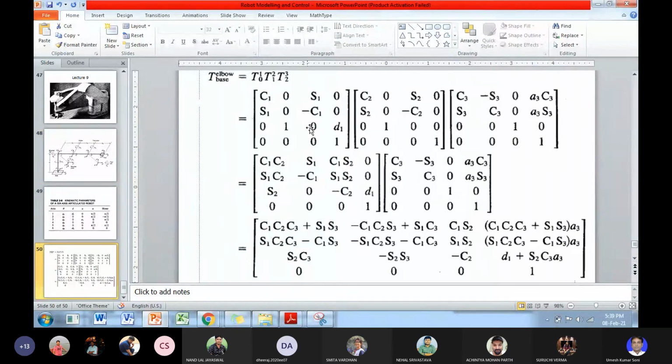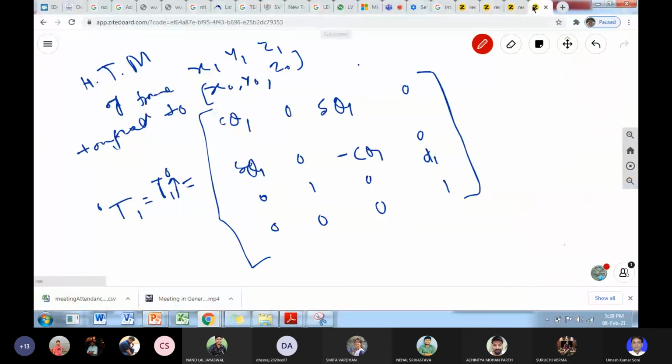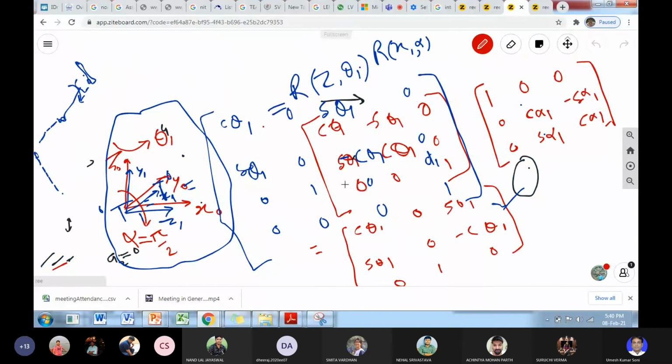So T10 is defined by, as I had discussed with you, how I have identified T10. This is the T10. कैसे मिला है हमको? ये यहाँ से. ये पता नहीं क्या हो गया है, 2-3 पेज मैंने ऑन किए तो चेंज हो गया.